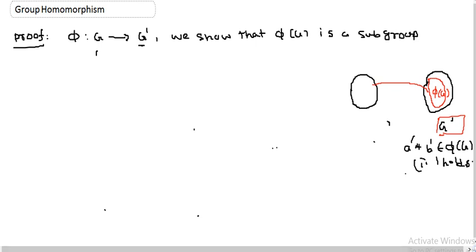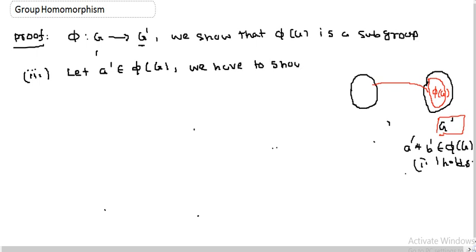Okay, so now we are checking whether condition 3 holds or not. So let A dash belong to phi of G. What we have to show is that A dash inverse, the inverse of this element, also belongs to phi of G.